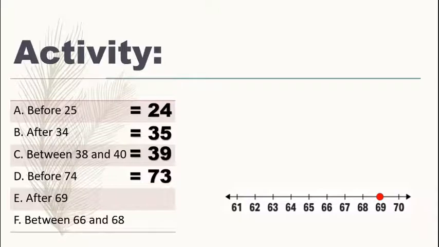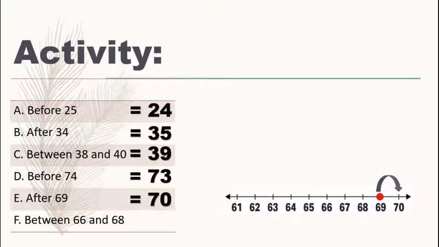What direction, left or right? Very good, because it is after, we need to move to the right. So the number is 70. We can see that 70 comes after 69.